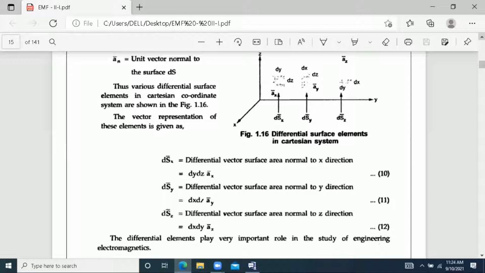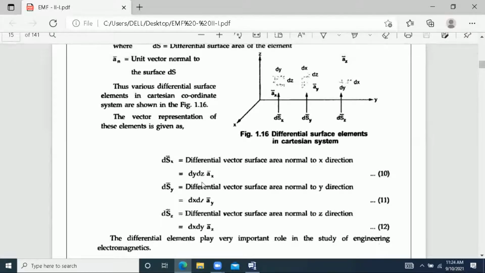You mean if we look at the differential vector surface coming to us, which is dy dz? Ask the question one different way.